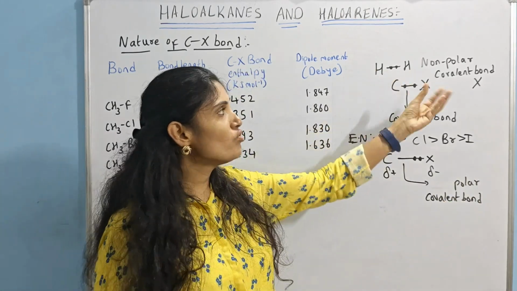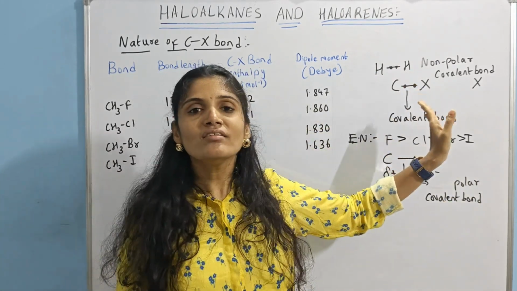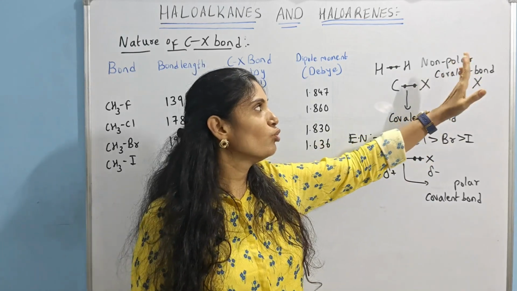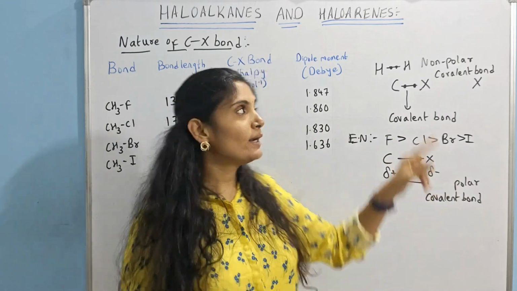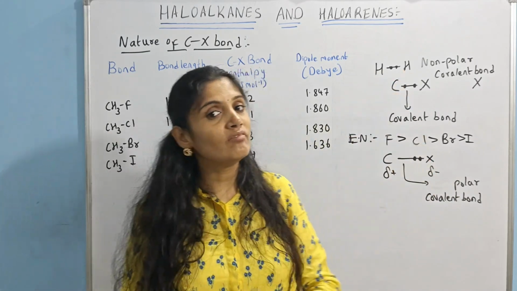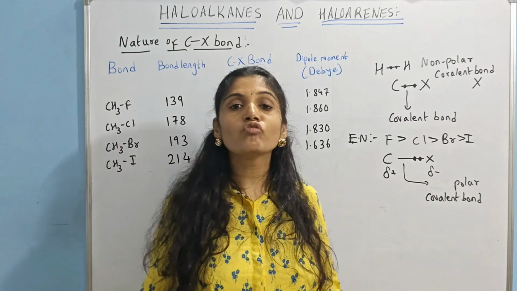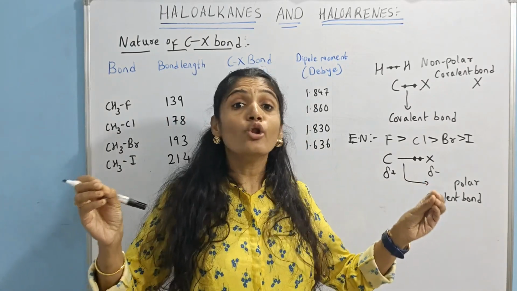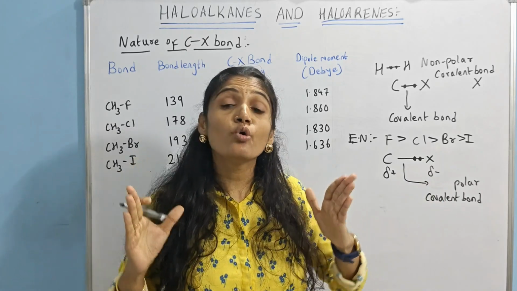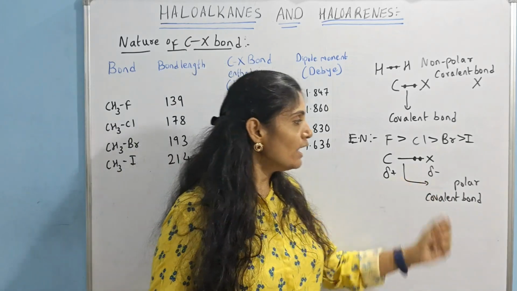Here, when you see hydrogen H2, electronegativities are the same, so we call it a non-polar covalent bond. A non-polar covalent bond is formed between 2 atoms which have almost similar electronegativities. A polar covalent bond is formed between atoms which have a not negligible, pretty good amount of difference in their electronegativities.